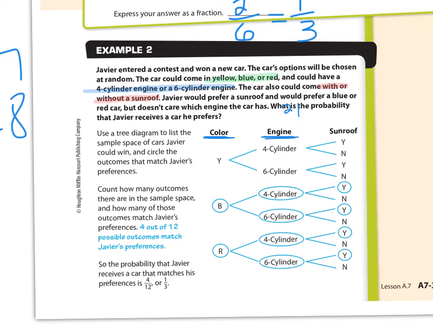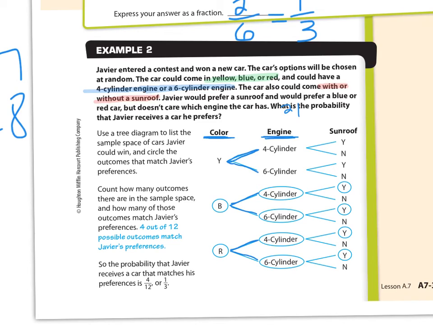So that came next. And this is called a tree diagram because we can see if the car were yellow, then we would have to branch out because then the car could be yellow with a 4-cylinder engine or yellow with a 6-cylinder engine. And then same thing for blue. It could be blue with 4-cylinder, blue with 6, red with 4, red with 6.